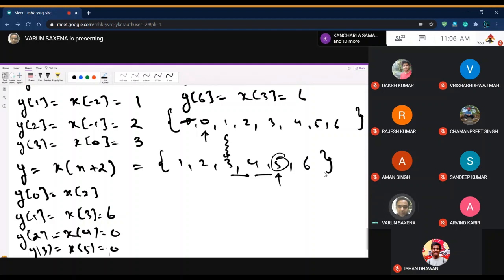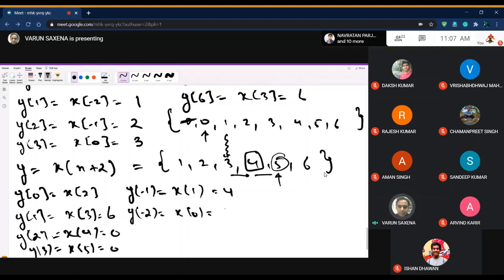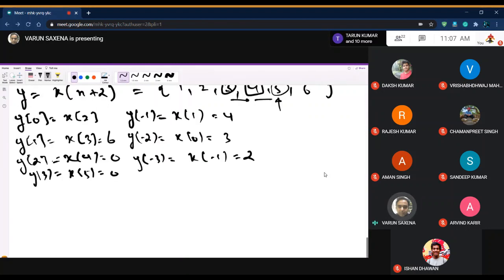But y[minus 1] is x[1], which is 4, because the 0 of y is at 5. y[minus 2] is x[0], which is 3. Then y[minus 3] is x[minus 1], which is 2, and so on. So just be a little careful. Where are you shifting your 0 point? That is very important.